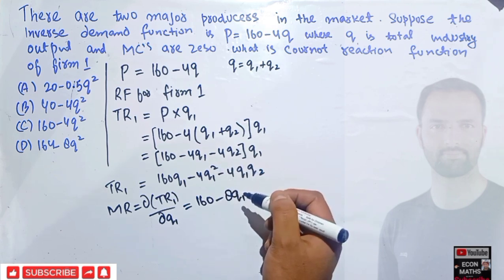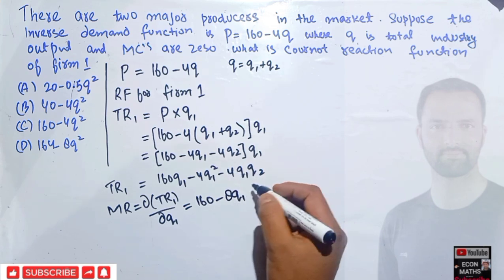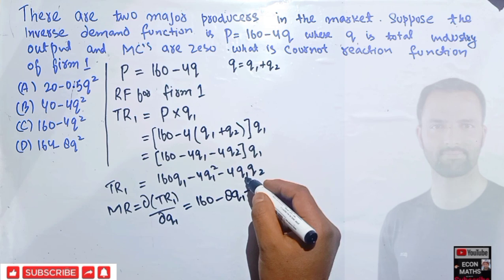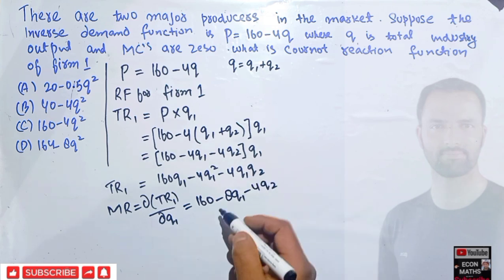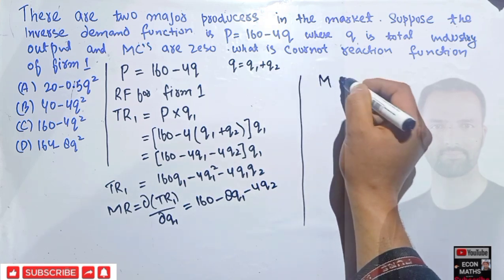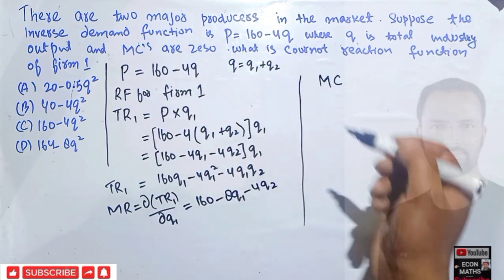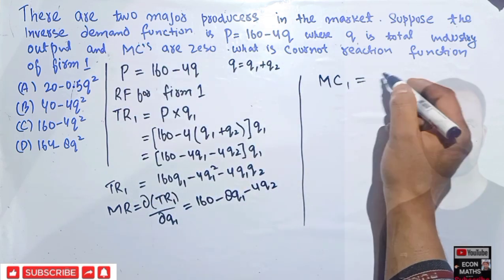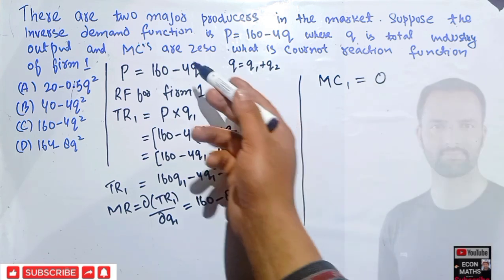I have explained so many times how to find the derivative, so I will not explain it further. Minus the derivative of Q1 is 1, so we are left with 4Q2. This is our marginal revenue. What is our marginal cost? Since marginal cost is the same for both firms, the marginal cost for firm 1 is also 0.